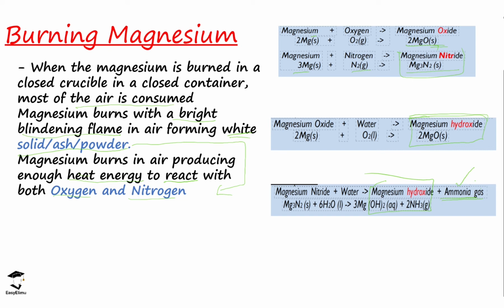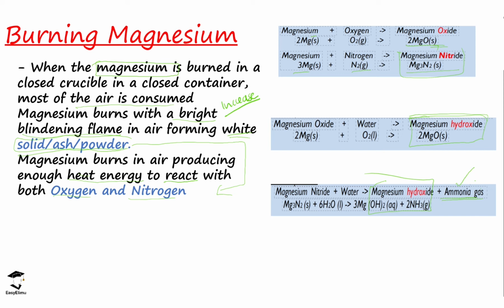When you look at the mass of magnesium that we began with in the reaction, it is going to be different from this white powder. What is happening? There is an increase in the mass. Why is the mass increasing?